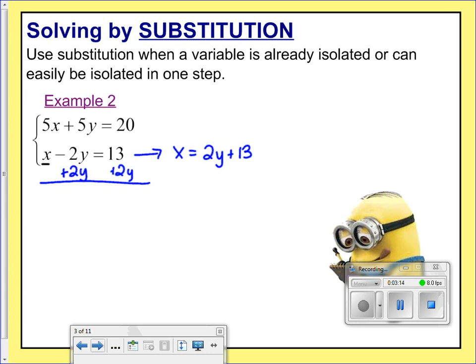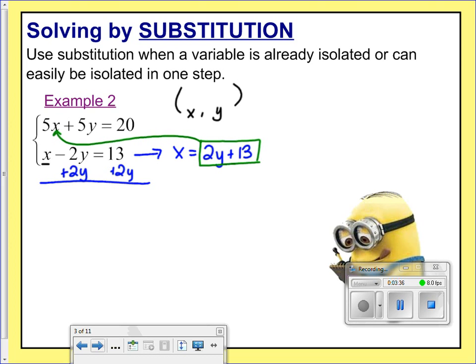Now does this look similar to the last problem? Our goal is to find an intersection point. So now I'm going to box what that isolated variable equals, which is 2y plus 13. In this case, x is isolated, so I'm going to plug it in for x.